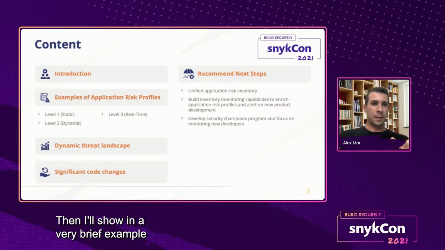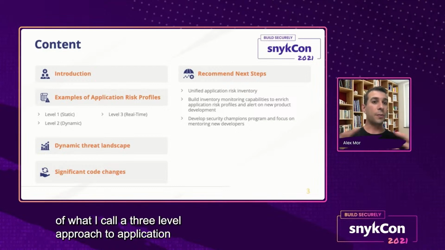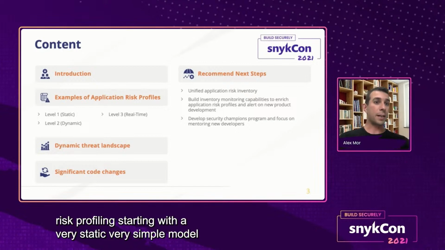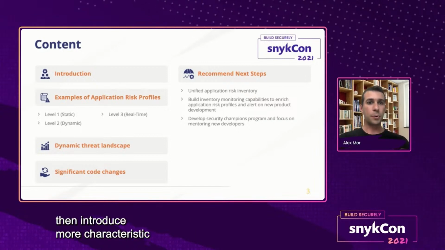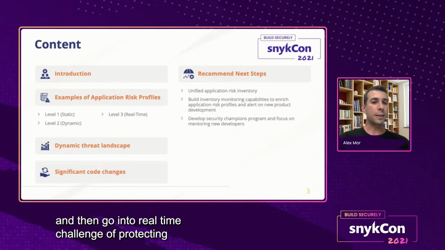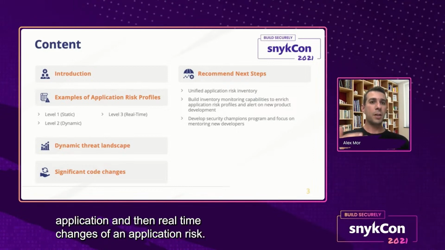Then I'll show in a very brief example what I call a 3-level approach to application risk profiling, starting with a very static, very simple model, then introducing some more characteristics, and then going into the real-time challenge of protecting applications, and real-time changes of application risk.